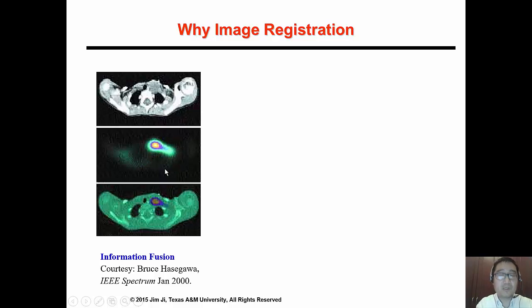But without an anatomical reference, it's very hard to tell where that cancer is. By fusing, or registering, these two images together, you can create the image on the bottom, where you have the anatomical reference and also the highlight of the tumor. So this is clearly an application of image fusion. It is being used on PET-CT all the time.